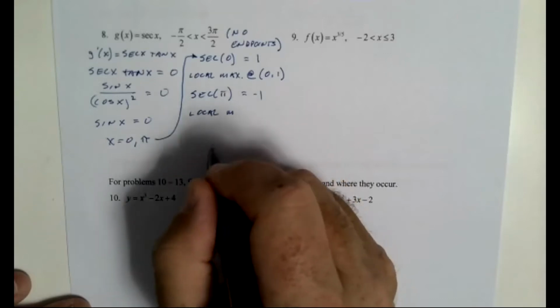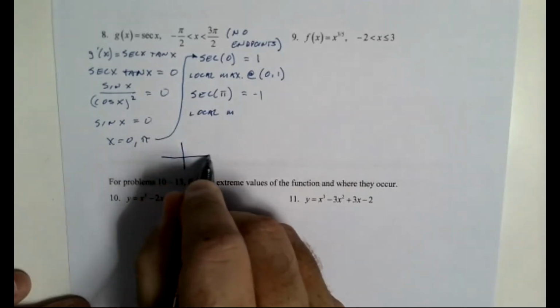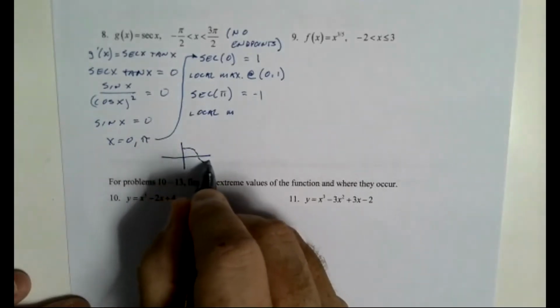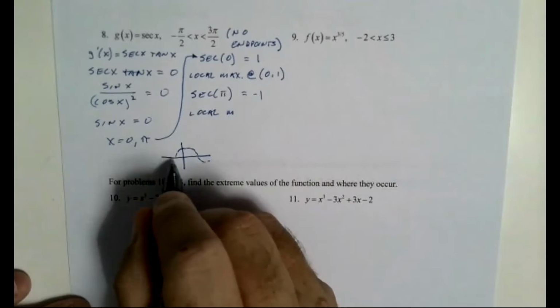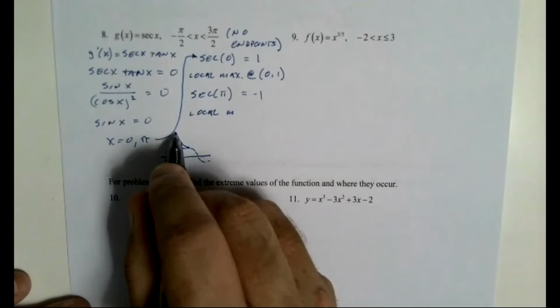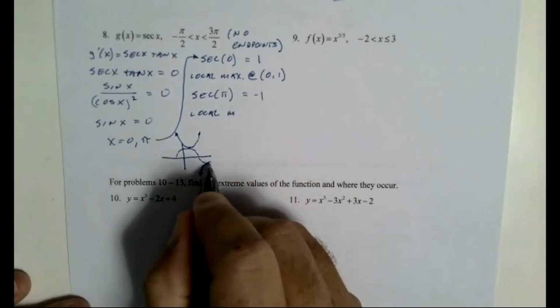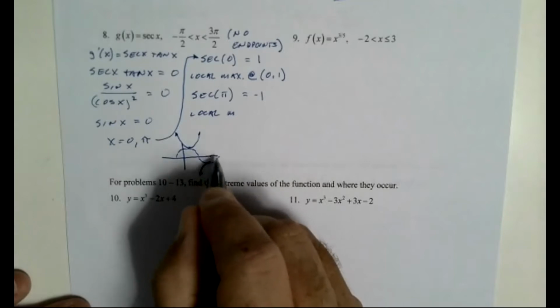And I'm going to have to graph secant to make sure I'm happy with my answers. Secant goes off of pi from here to there. So that's here, here, and here. And they keep going over to here.